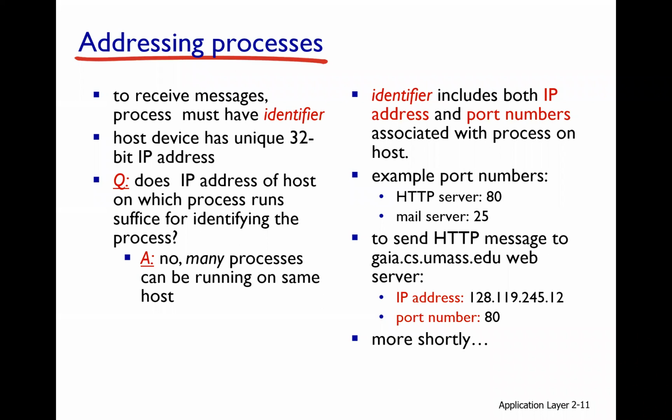You can count that 2 to the power of 16 is the number of possible port numbers, about 60,000 or so available values. The first 1024 are reserved. We're going to talk more about port numbers and IP addresses later.